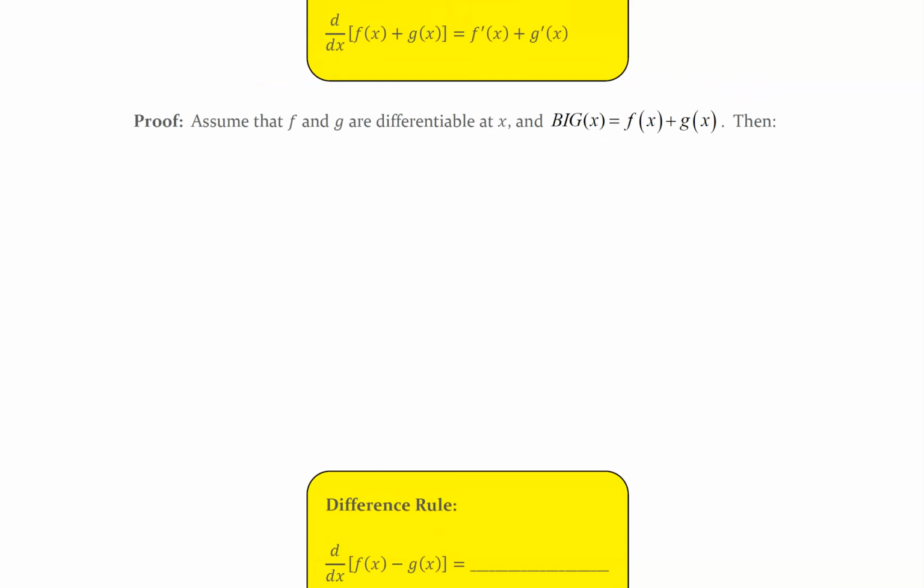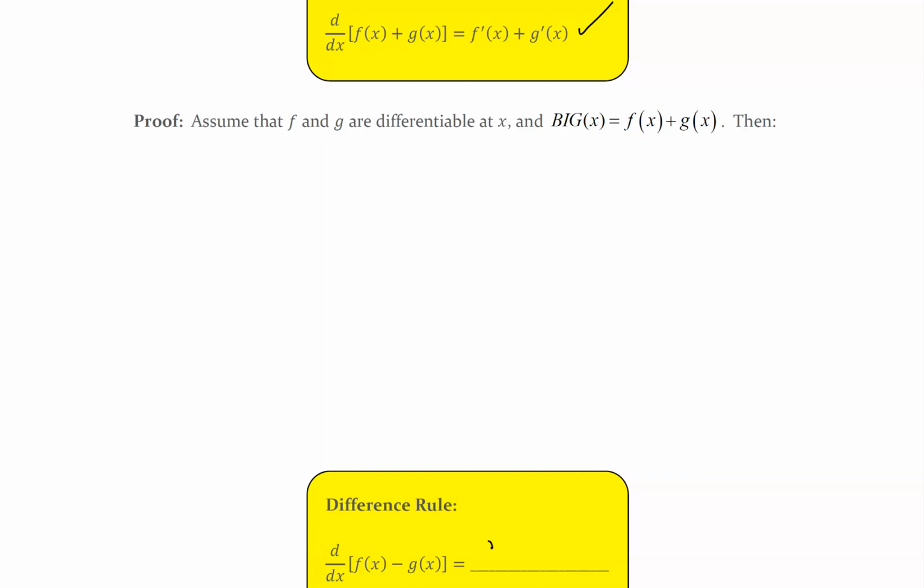Okay, so the sum rule said that the derivative of a sum is the sum of the derivatives. So yeah, when it's addition or subtraction, you can take the derivatives and then add them together or subtract them.